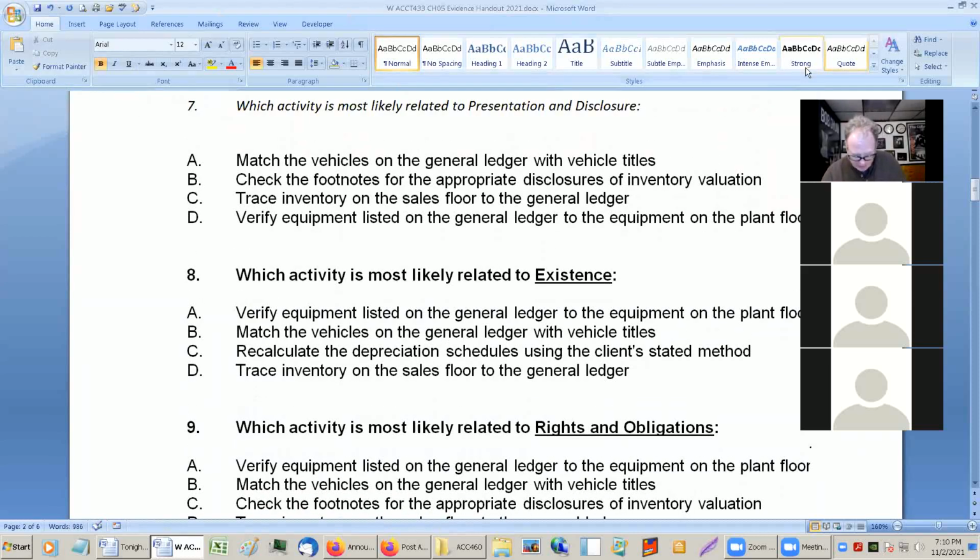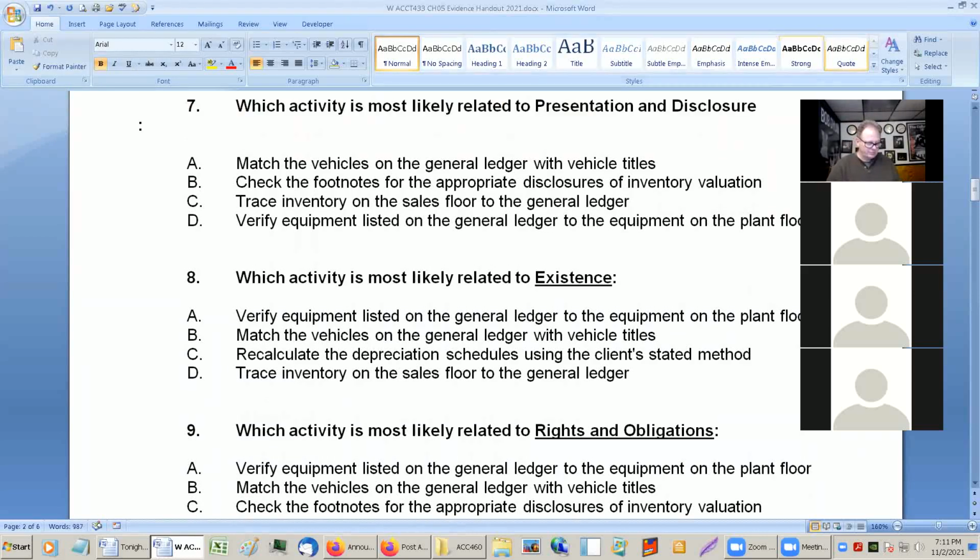This relates to the format of the financial statements, and the format of the footnotes disclosure.